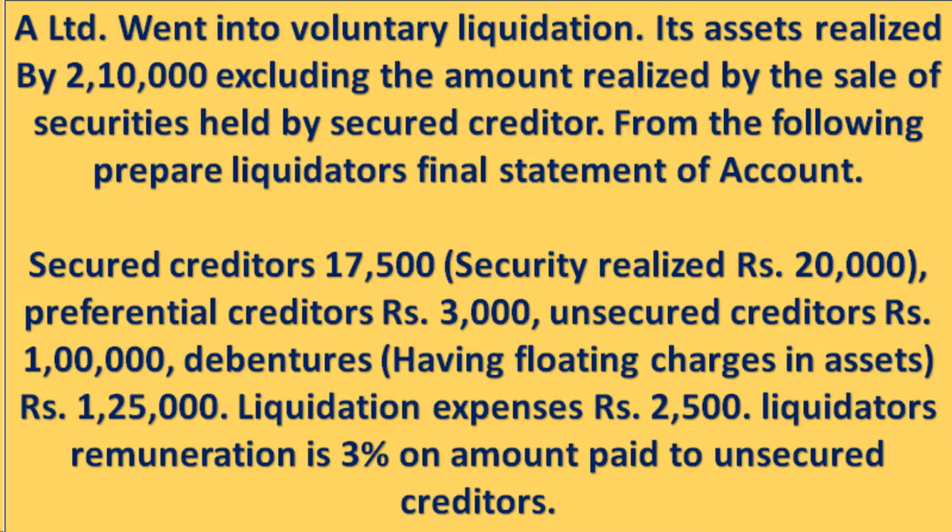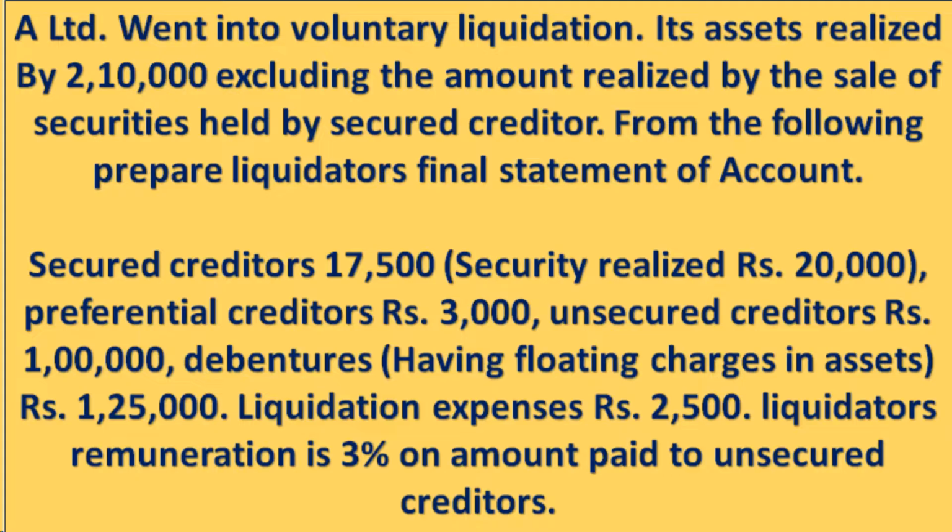The preferential creditors are rupees 3,000. Unsecured creditors are rupees 1 lakh. Debentures having floating charges on assets are rupees 1,25,000. Liquidation expenses are rupees 2,500, and the liquidator's remuneration is 3% on the amount paid to the unsecured creditors.